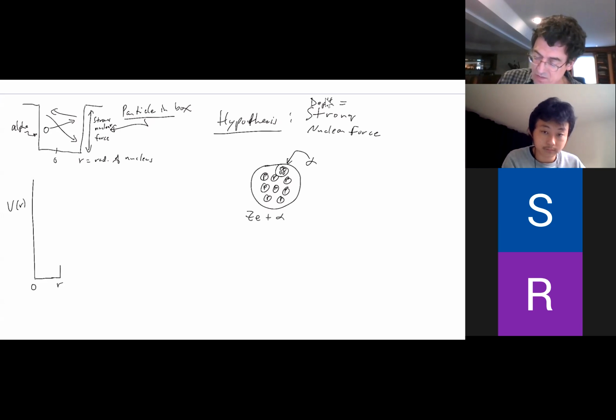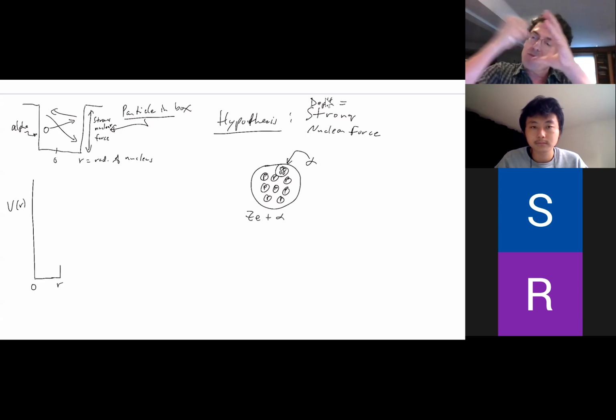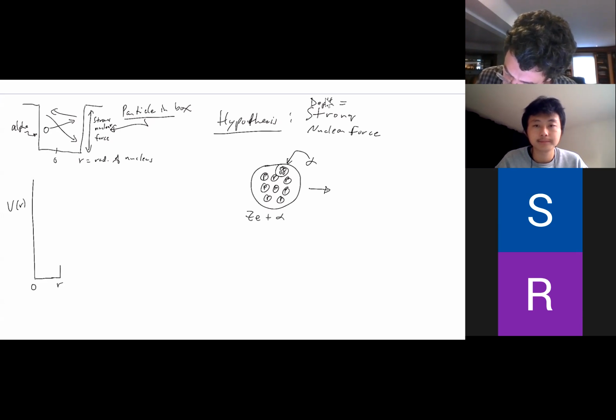So we think of the nucleus as having a bunch of protons and neutrons all squished together, and then let's think of that alpha particle as extra, bouncing around, and every now and then the alpha particle can escape. If the alpha particle escapes, then the situation goes like this. I still have my nucleus left behind with Z protons, and each of the protons has charge plus e, right?